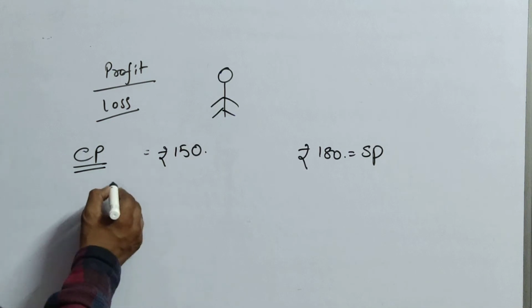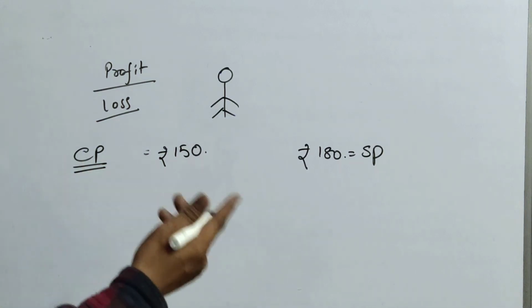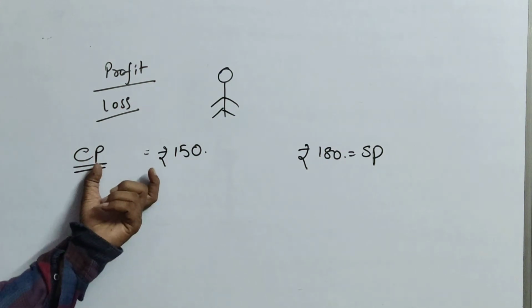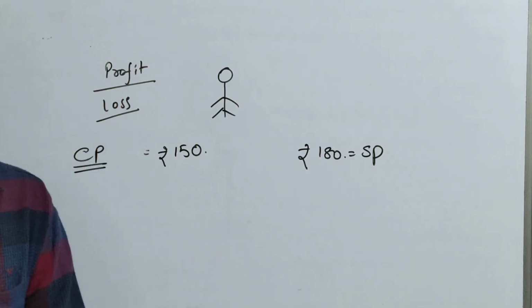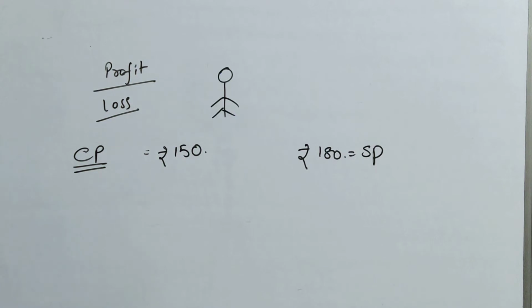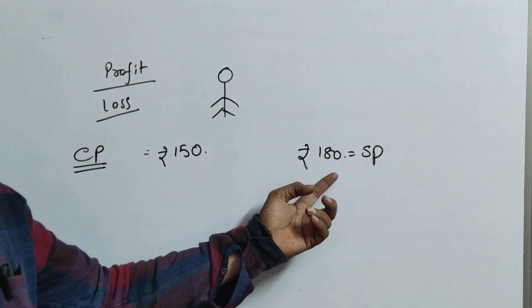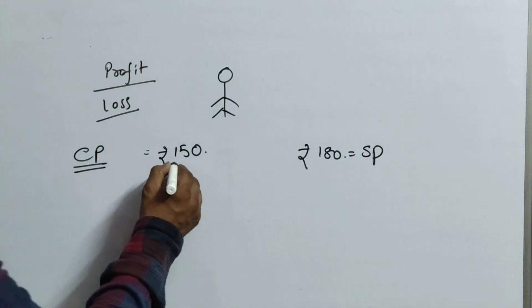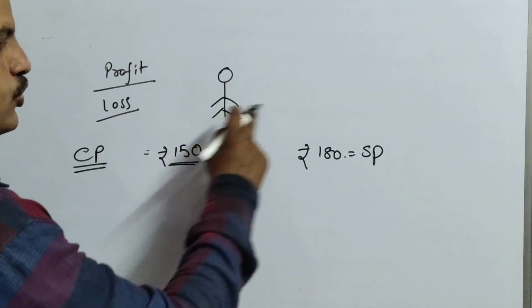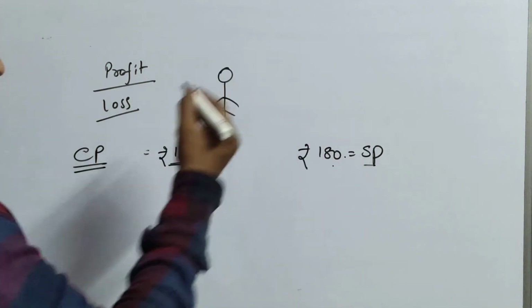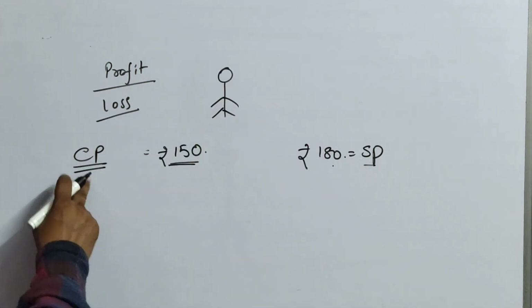The boy who sold it for 180 rupees gained something. Can you tell me how he gained? He bought it for 150 and sold it for 180. That means he bought for the lesser amount, 150, and sold to his friend for 180. Now which is more here? Selling price is more than cost price.